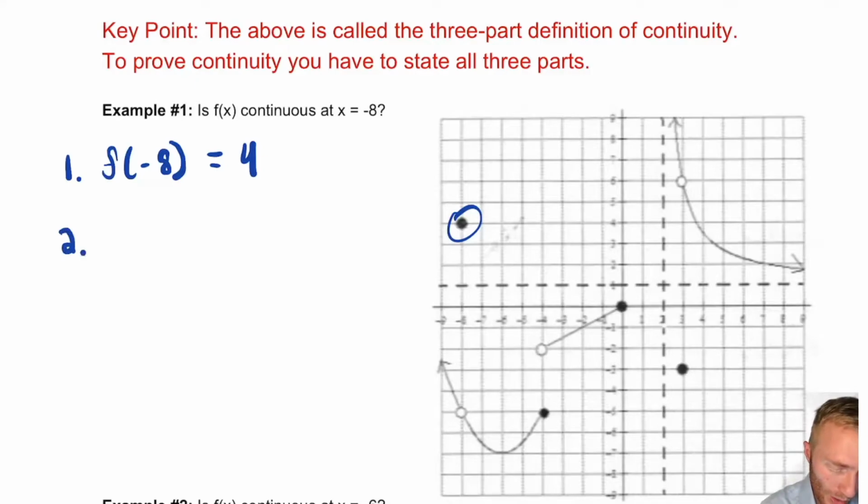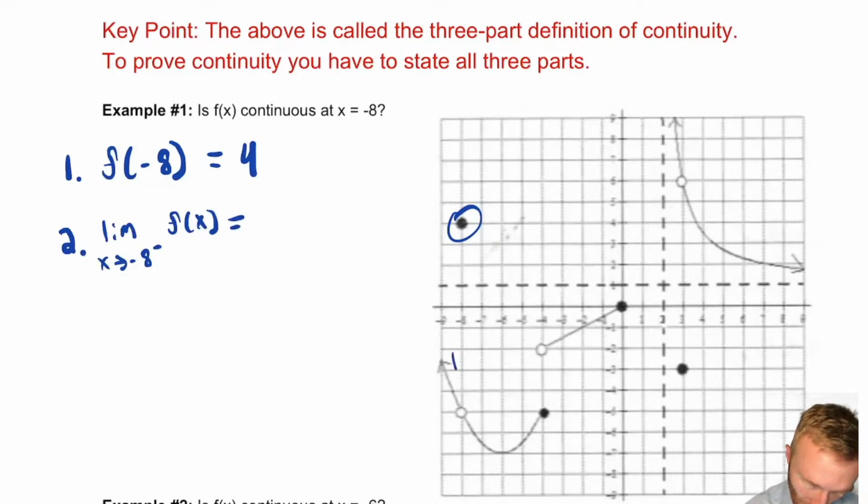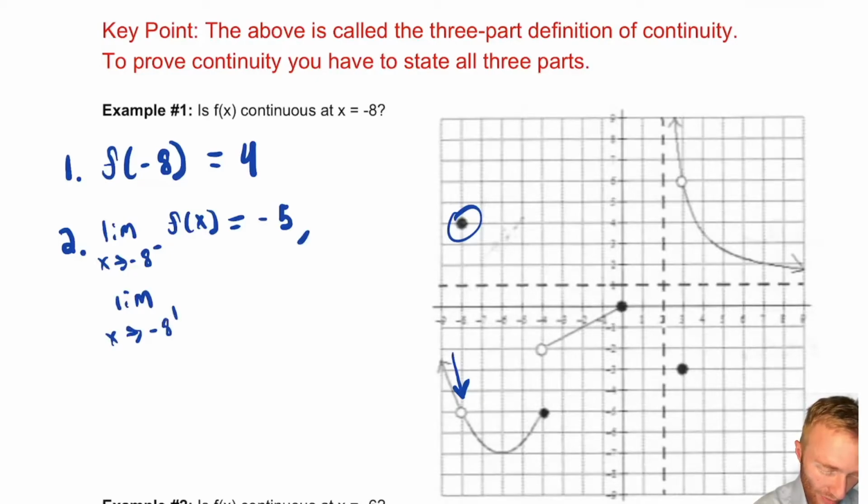Number two, the limit as x approaches -8 from the left of f of x. From the left, that's -5. The limit as x approaches -8 from the right is also -5.